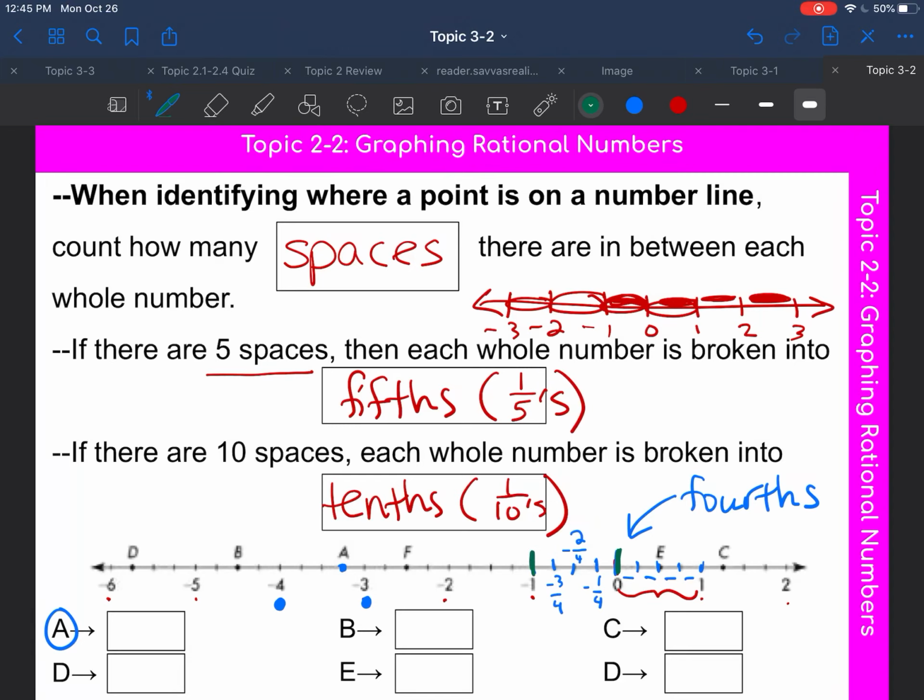So we have 0, -1, -2, -3, and then we continue to -4 by counting those dashes. If this is fourths, the first fourth is negative 3 and 1/4, negative 3 and 2/4, negative 3 and 3/4, and then negative 3 and 4/4, or negative 4. So A is equal to negative 3 and 1/4.